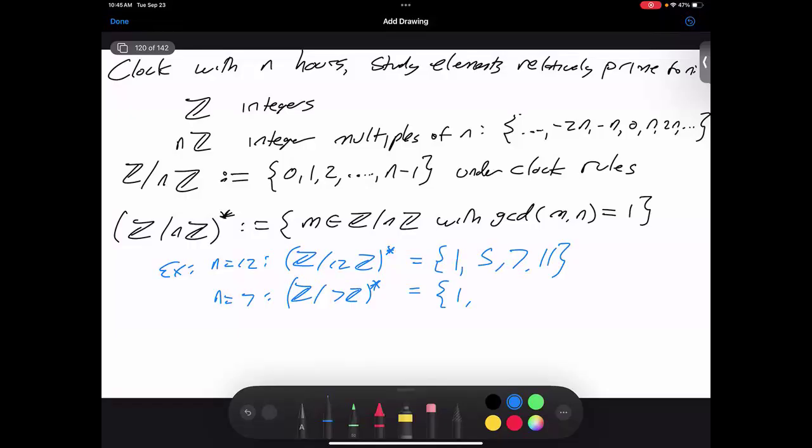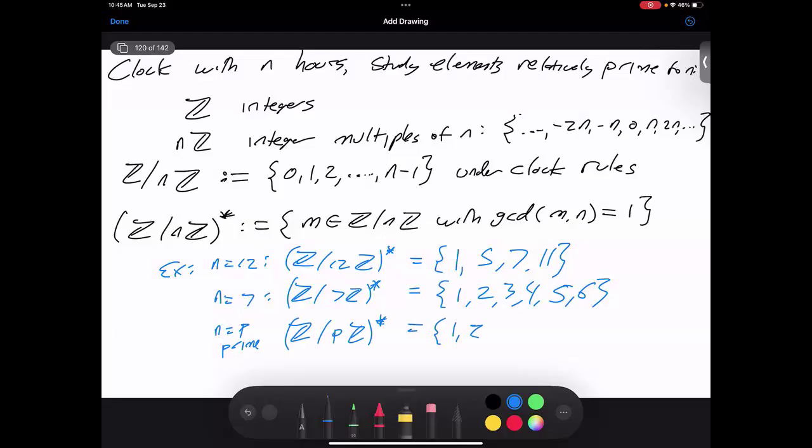What's next? 2 is relatively prime to 7. 3, 4, 5, 6. In fact, if n equals p is prime, what are the numbers relatively prime to p? It's just everything, 1, 2, all the way up to p minus 1.